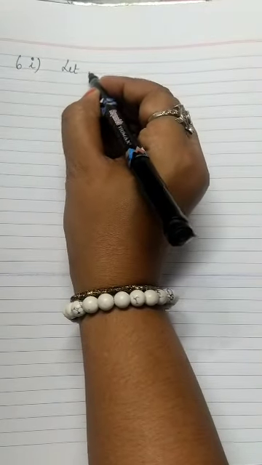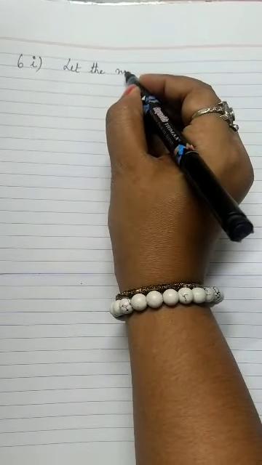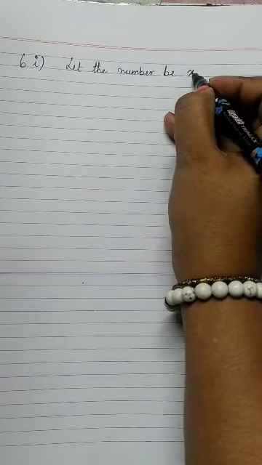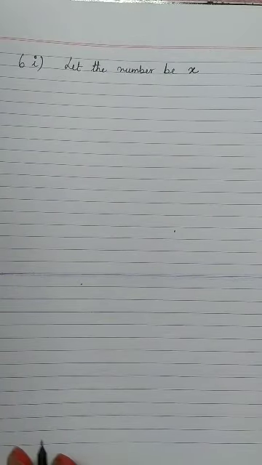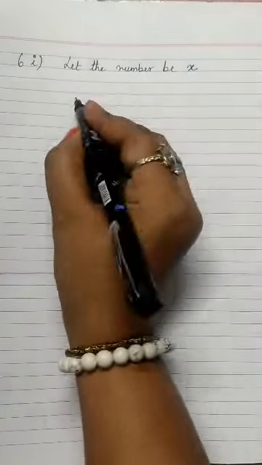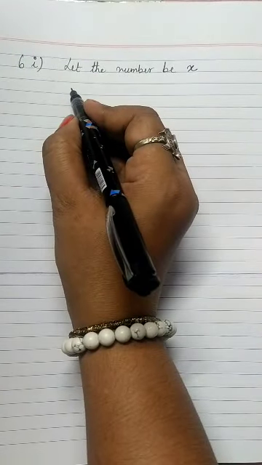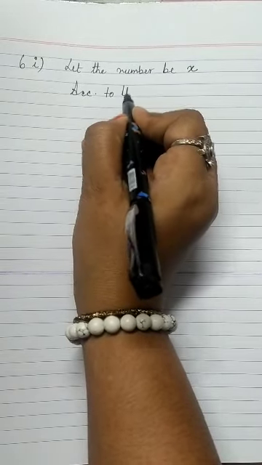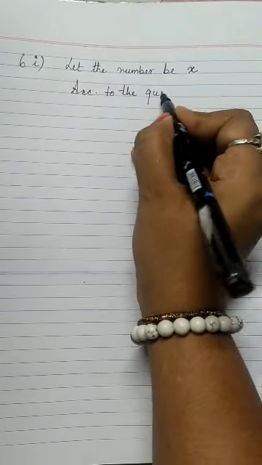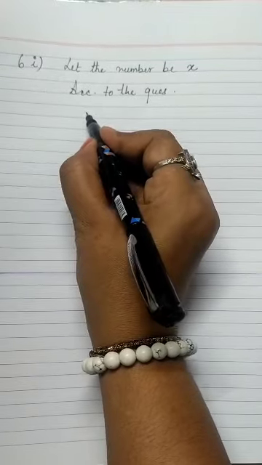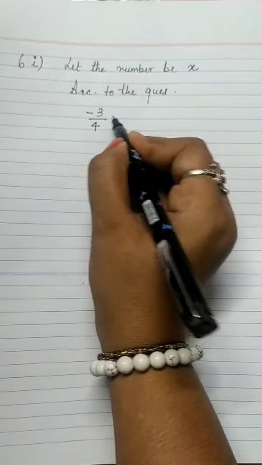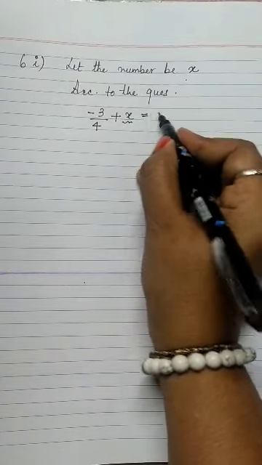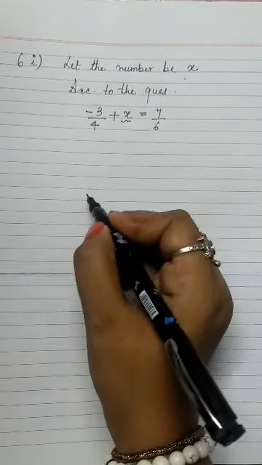Same way, let the number that we have to add to minus 3 by 4 be x. According to the question, minus 3 by 4, we are going to add x to it, x is the number that we have assumed, is equal to 7 upon 6.